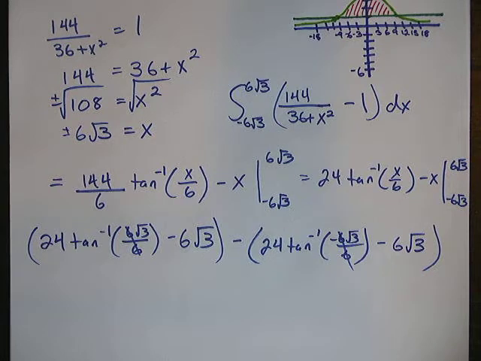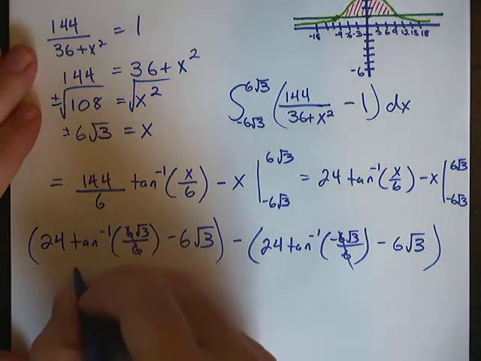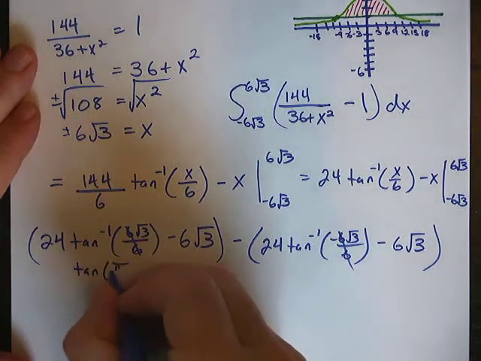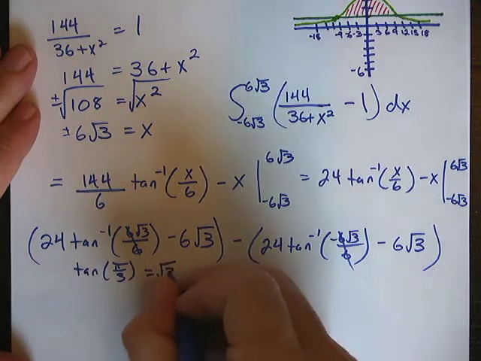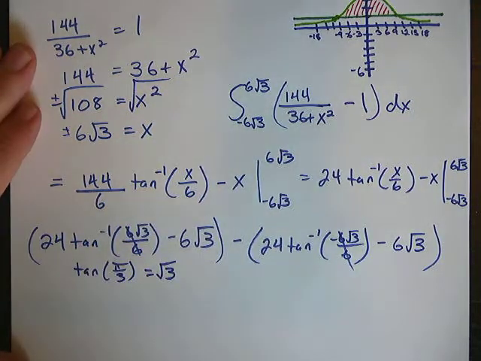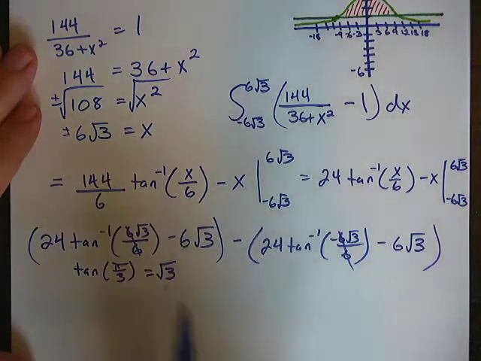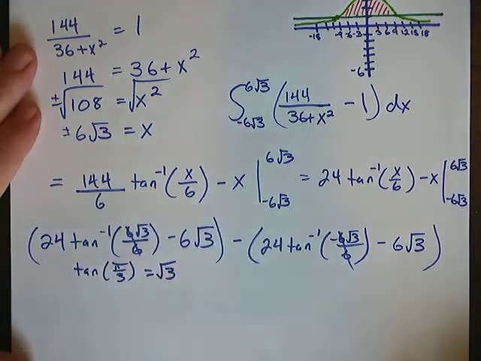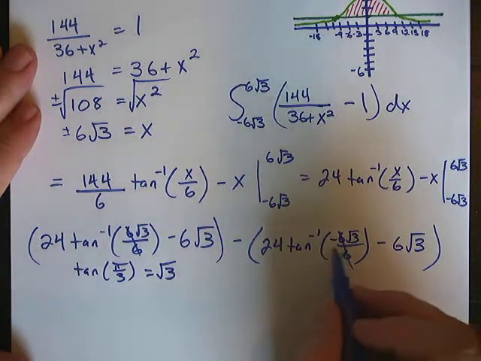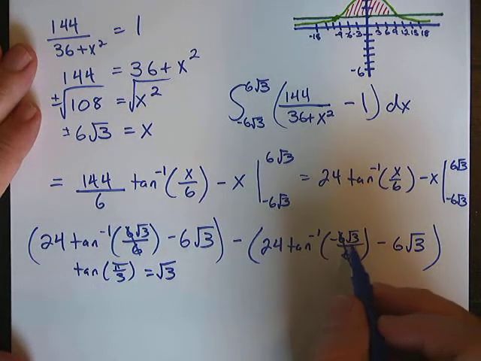So what is inverse tangent of root 3? You could use a unit circle to figure that out, but the answer is pi over 3, because at pi over 3, sine over cosine gives you root 3. So tangent of pi over 3 is equal to root 3, and inverse tangent of root 3 is pi over 3. Likewise, over here we have a negative inside.